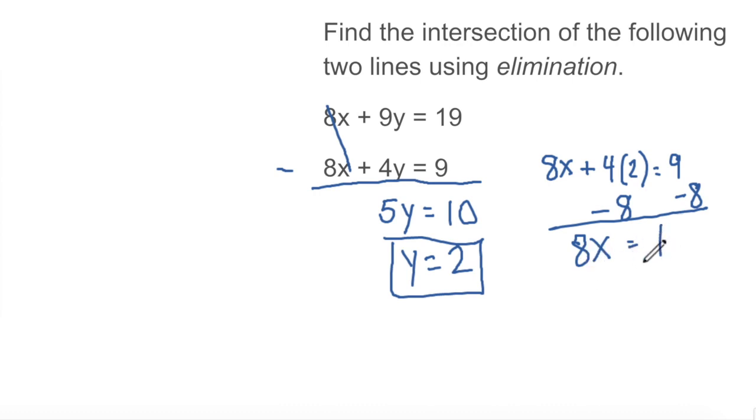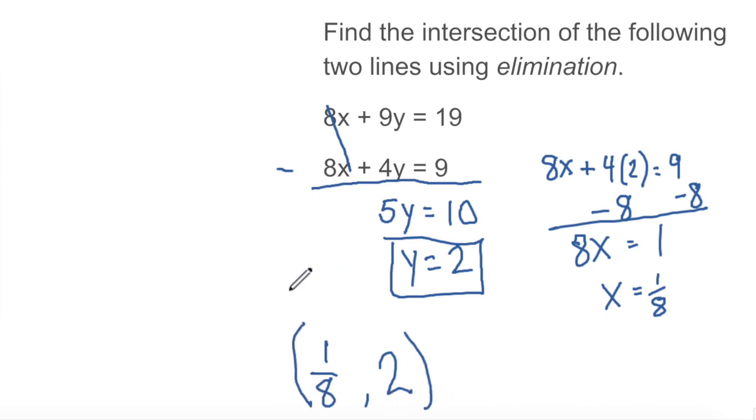And then we divide both sides by 8. We get x equals 1/8. So our solution here is x equals 1/8 and y equals 2. And that's our solution to the system of equations using the elimination method. So elimination method sometimes can be very easy. Sometimes the substitution method is very easy.